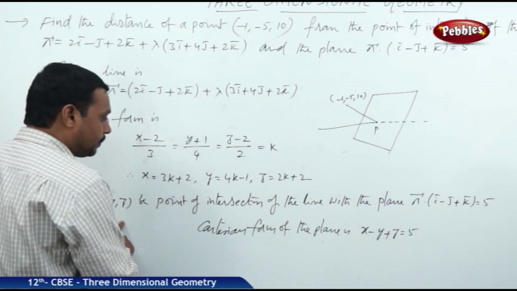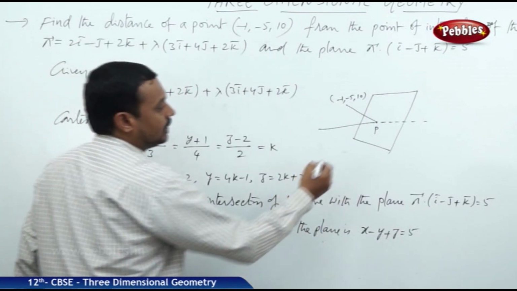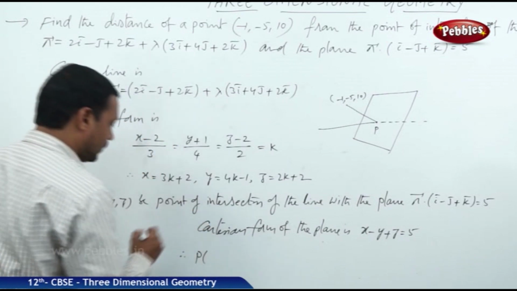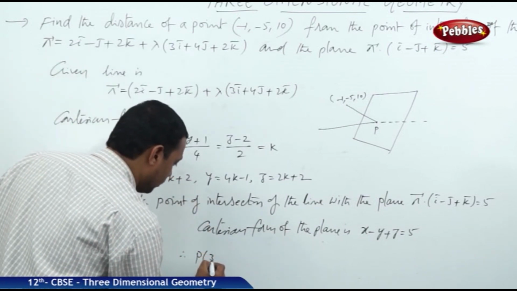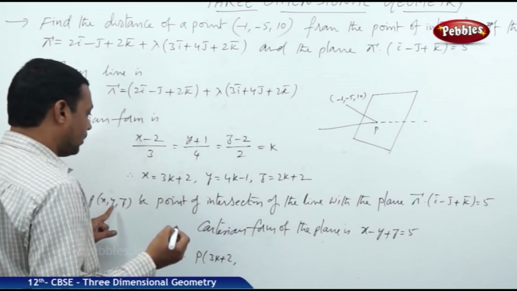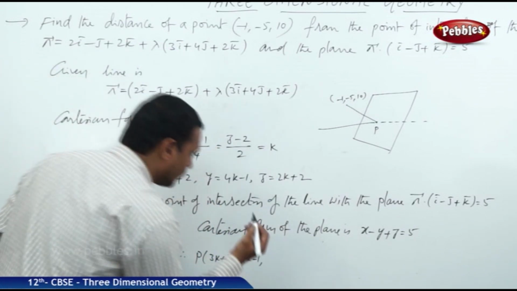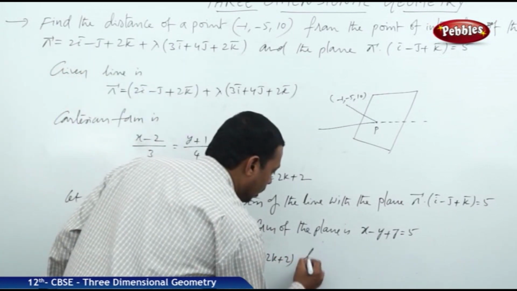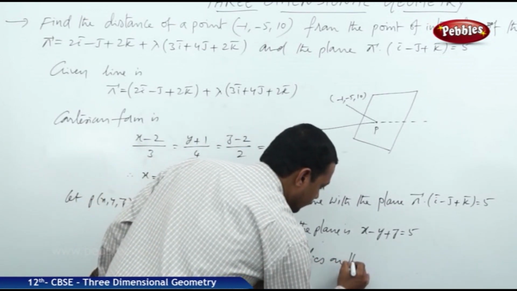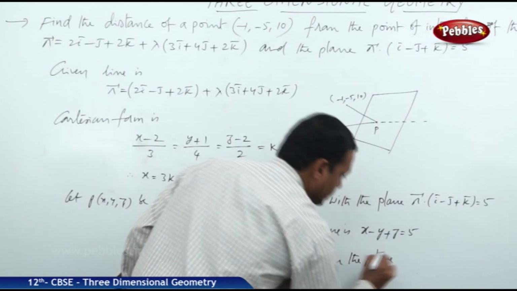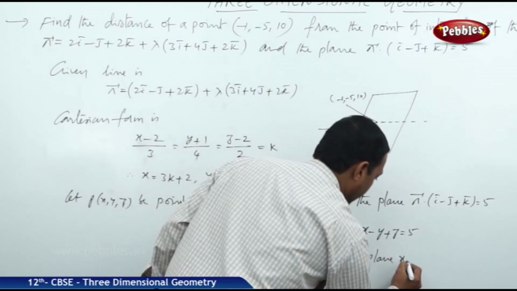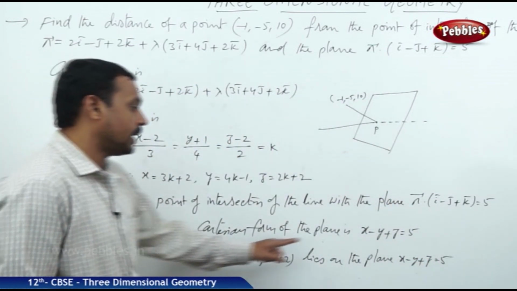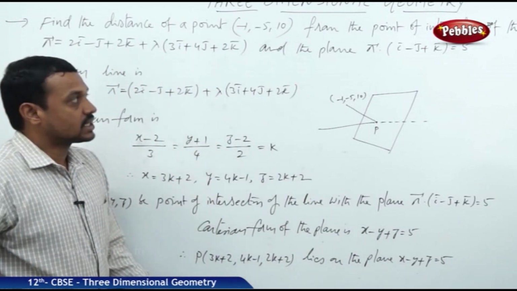Now, the point P is the point of intersection of the line and the plane, hence the point should be on the plane. Therefore, the point P (3k plus 2, 4k minus 1, 2k plus 2) lies on the plane x minus y plus z is equal to 5. Now let us continue here.